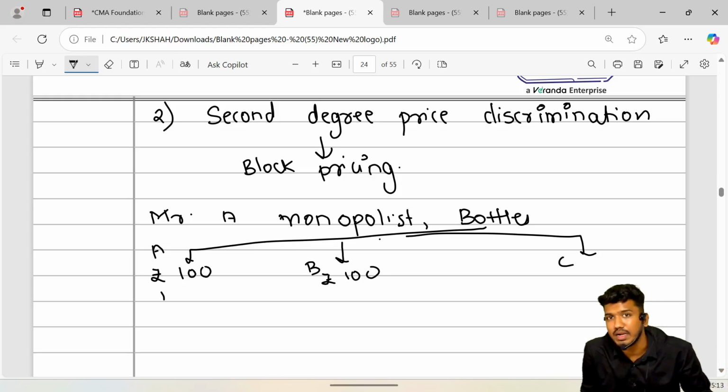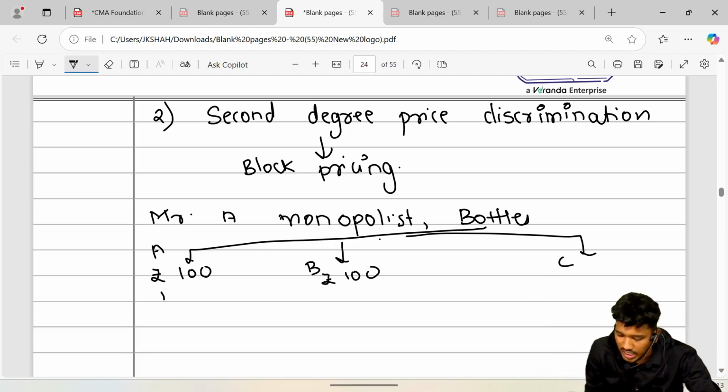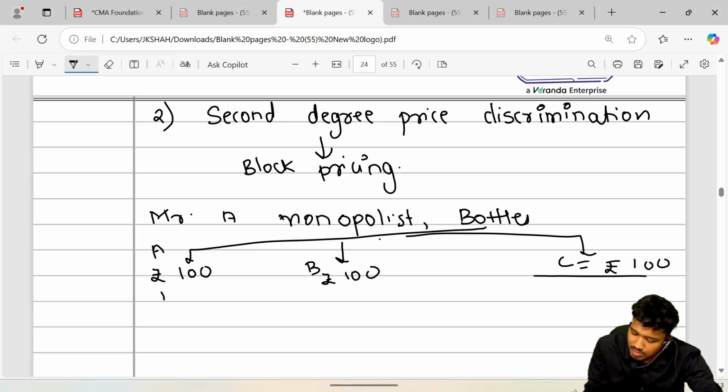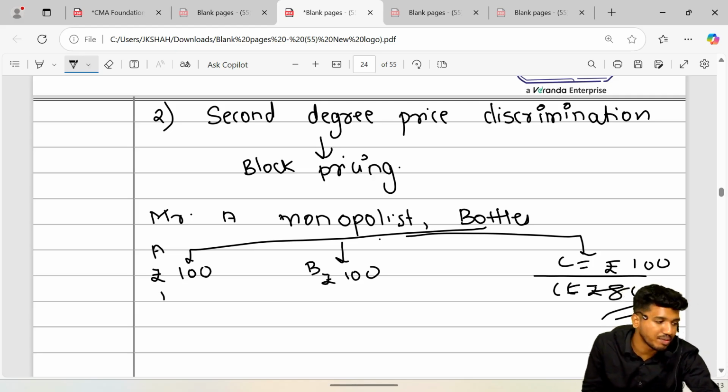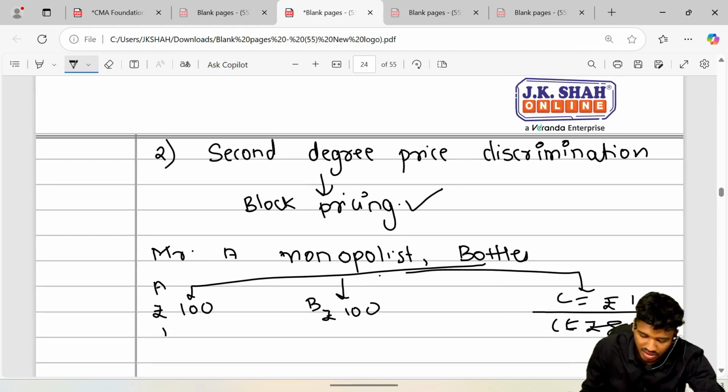But after a certain point a different price is charged. So Mr. C, if he had purchased one bottle, would have had to pay 100. But now he is purchasing 88 bottles, so for him the price per bottle was 80. That way it is charging a different price after a certain point. It is also called block pricing.